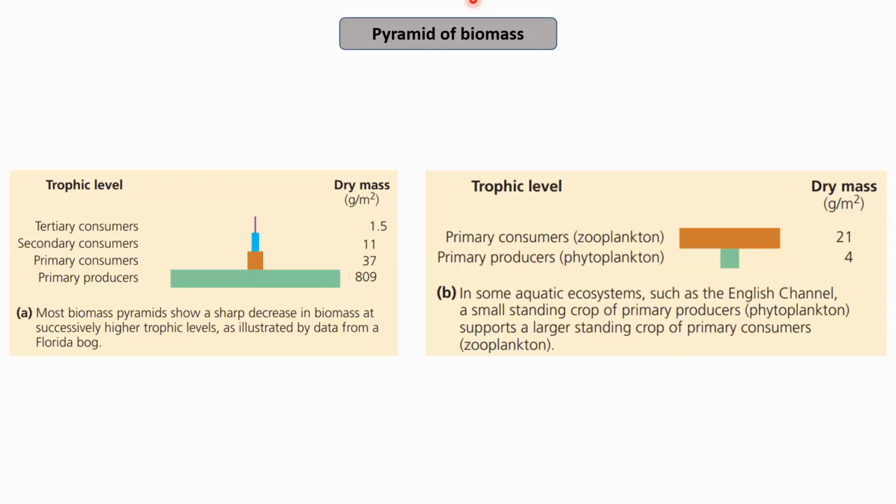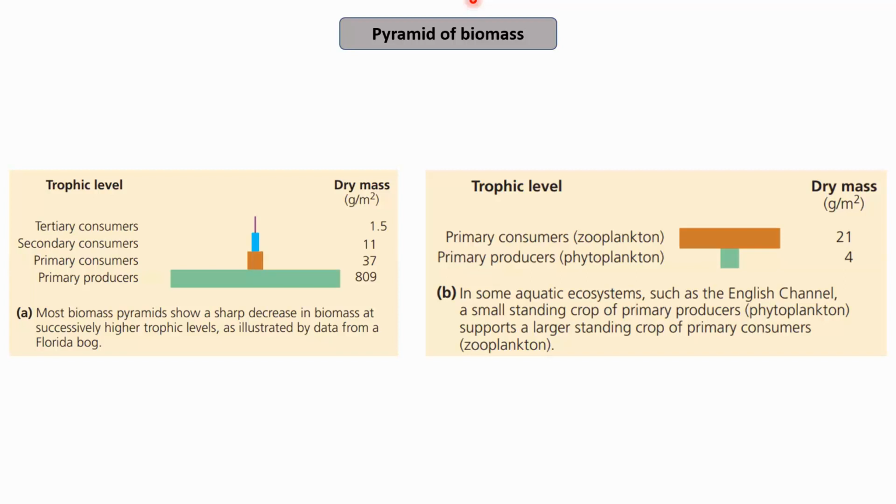inverted. This is because the primary producers, the phytoplanktons, have a small standing crop that supports a large standing crop of primary consumers, that is zooplanktons.